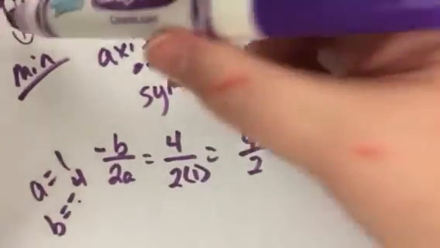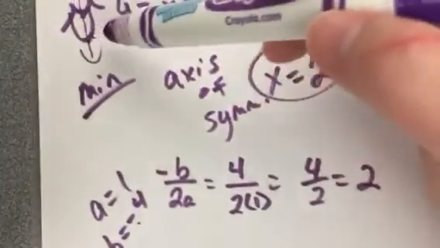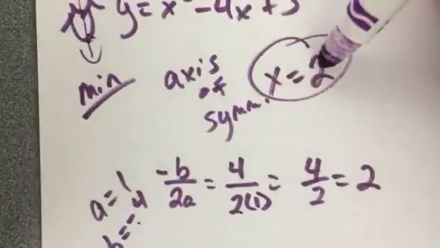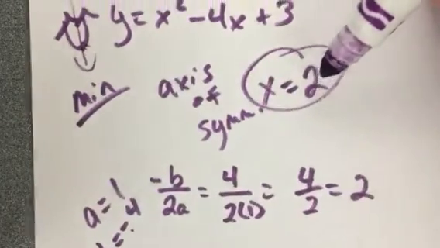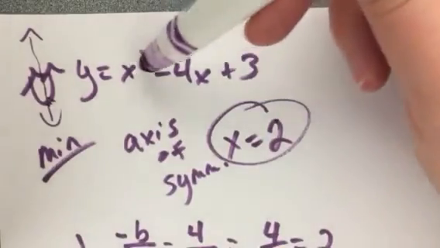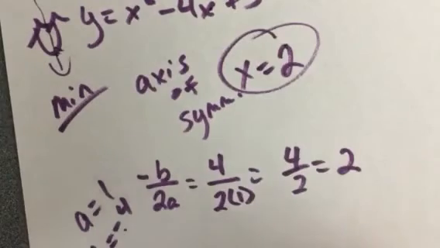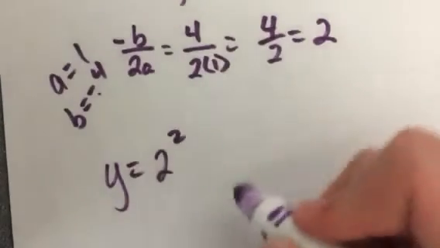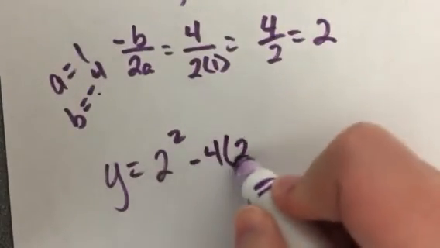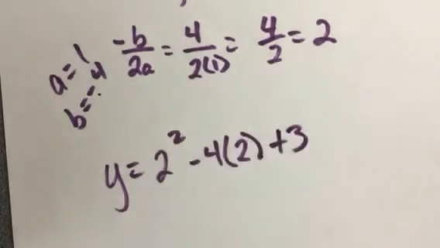Now, your minimum is located on your axis of symmetry. So, since we know that x equals 2, we can now find y. You take your 2, substitute it in for your x values, and find y. So y equals 2 squared minus 4 times 2 plus 3.